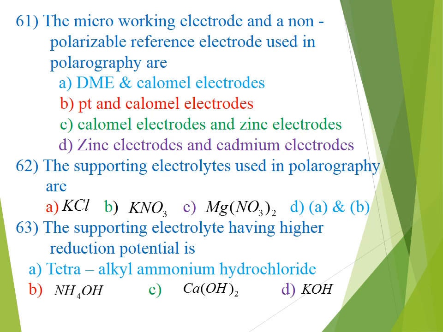The supporting electrolytes used in polarography are A. KCl, B. KNO3, C. Magnesium nitrate. The option D, A and B, is the correct answer. Question number 63. The supporting electrolyte having a higher reduction potential. The correct answer is A, tetraalkyl ammonium hydroxide.